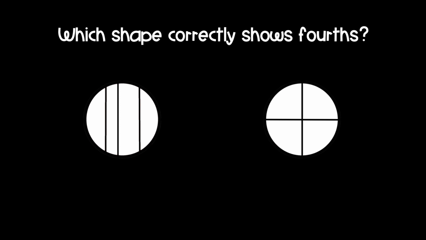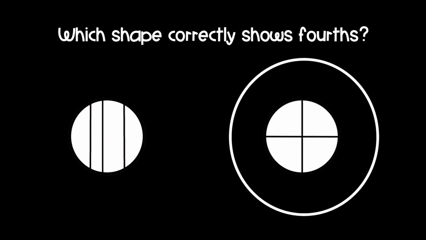Now that we've refreshed our brains and we know what equal parts are, we know equal parts are important for fractions. So looking at these two shapes, they both show fourths, but which shape correctly shows fourths? If you thought the one on the right correctly shows fourths, you would be correct.